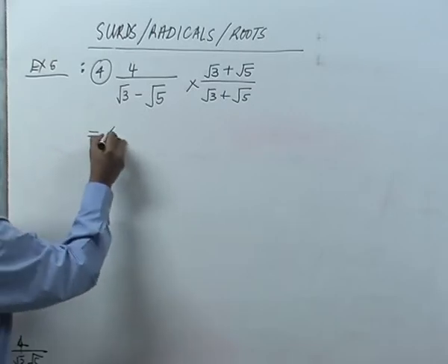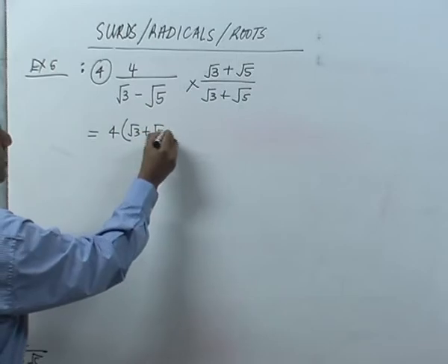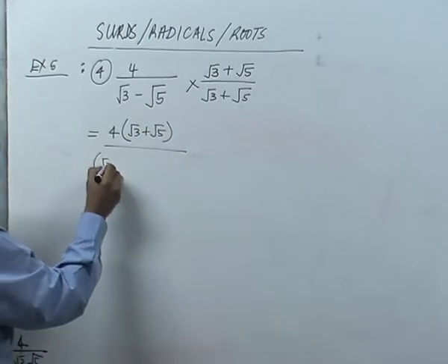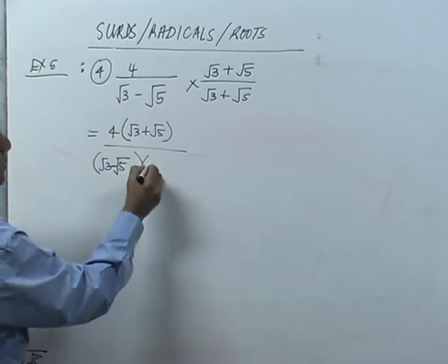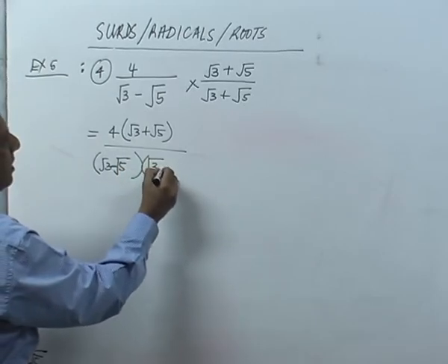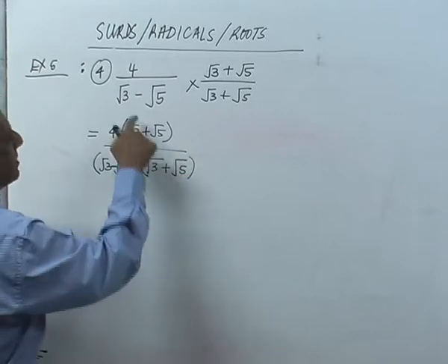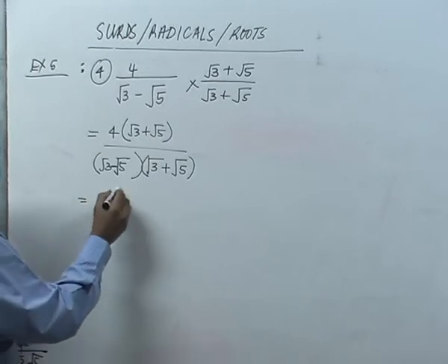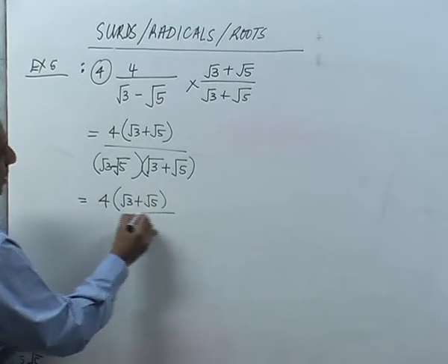The numerator will be 4 into root 3 plus root 5 over. Denominator will be root 3 minus root 5 into root 3 plus root 5. See this times that.